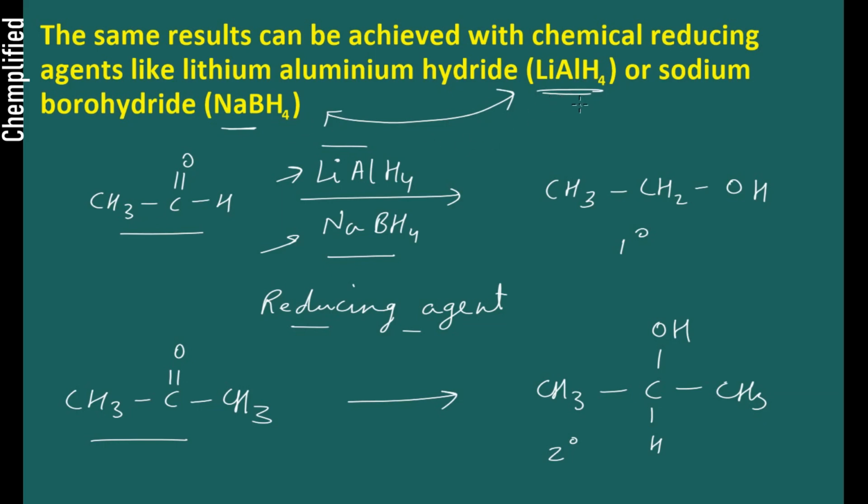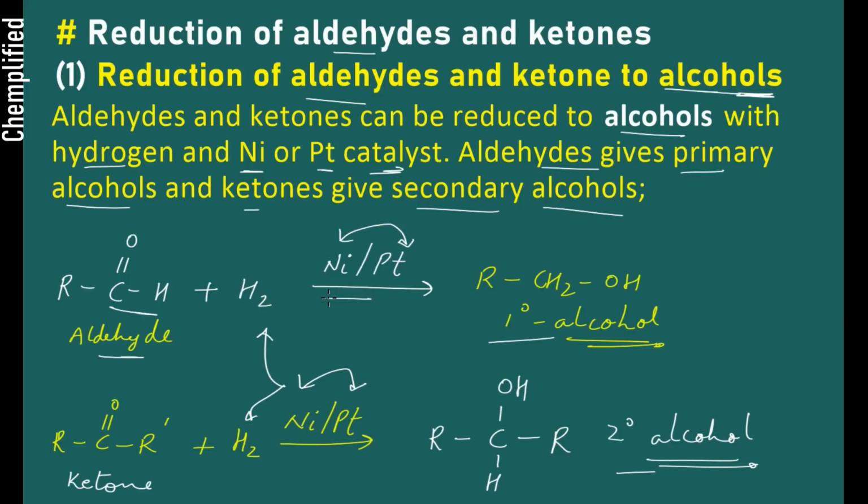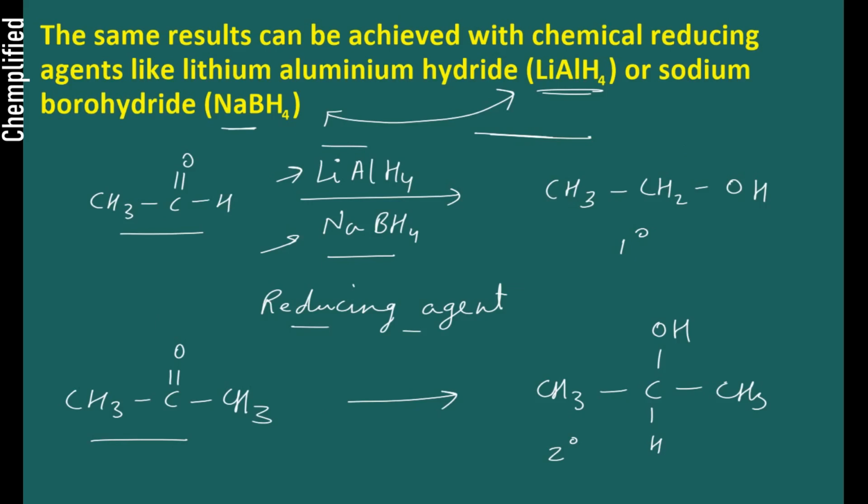So if only lithium aluminum hydride and sodium borohydride are there in the reaction, they will definitely give you primary and secondary alcohol. And similarly, in the previous case, if nickel and platinum are present with hydrogen, it will also reduce the initial substance, that is our aldehyde and ketone in this case.